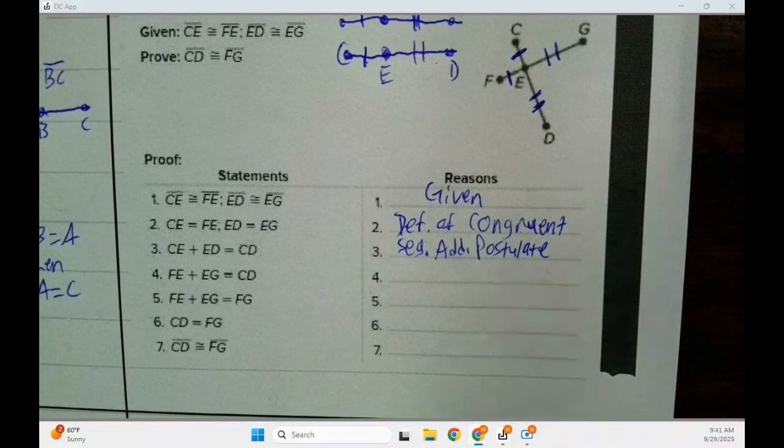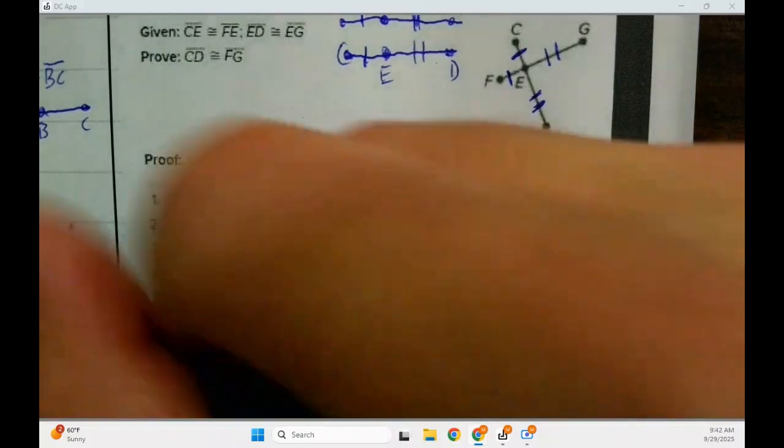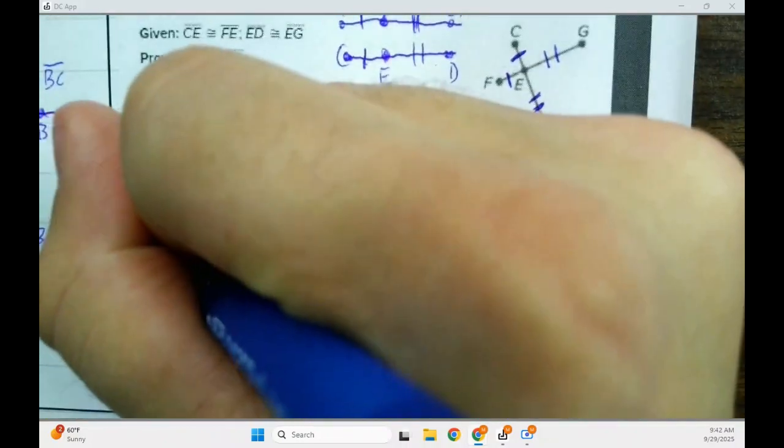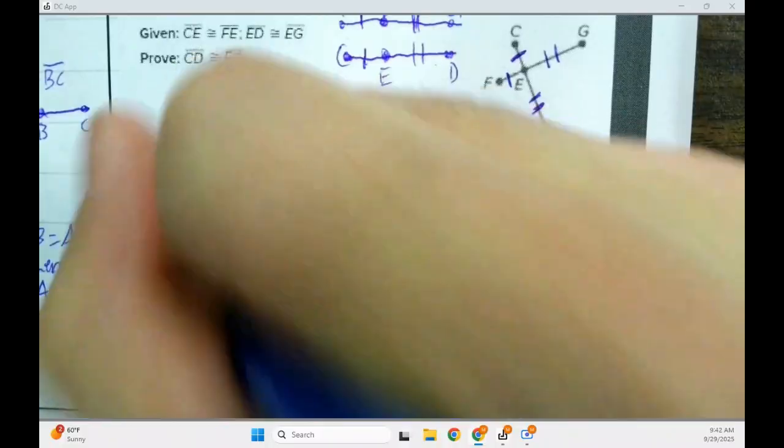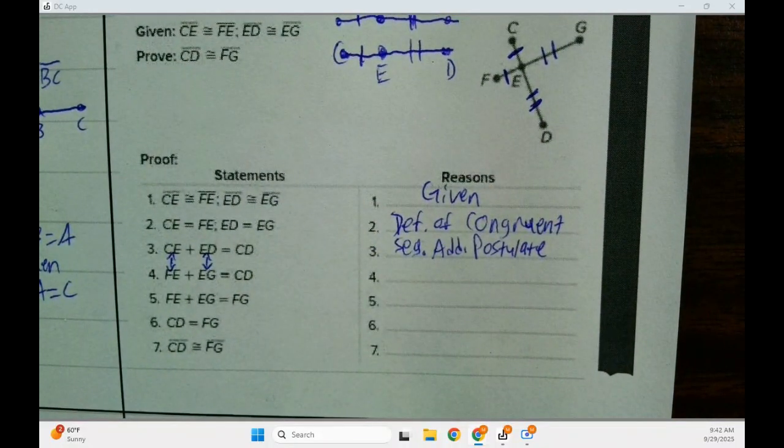Look at number 4. What's the difference between number 3 and number 4? What's changed? Which ones? So these ones seemed to have swapped around, right? Well, think about it.